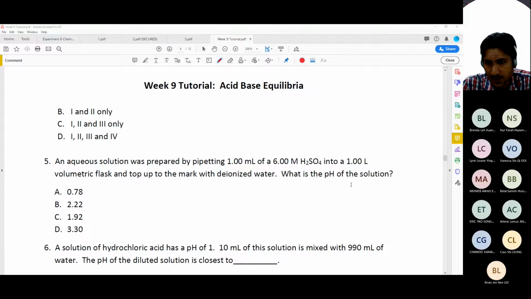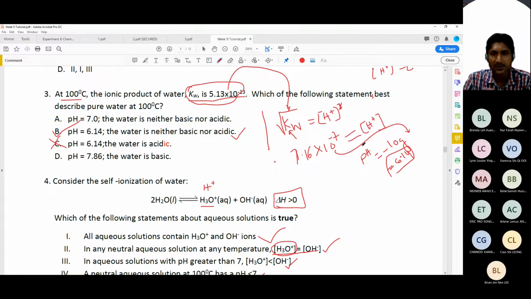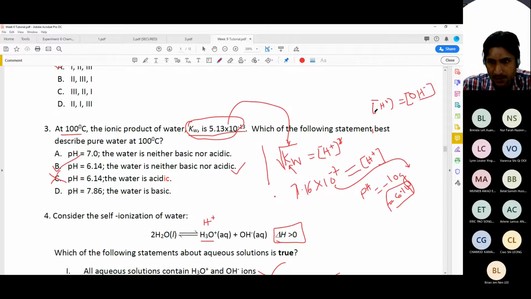Brian says, can I ask if hydrogen ion increases with temperature, why is the water neutral in question 3? Hydrogen ion is increasing, so is the hydroxyl ion, right?